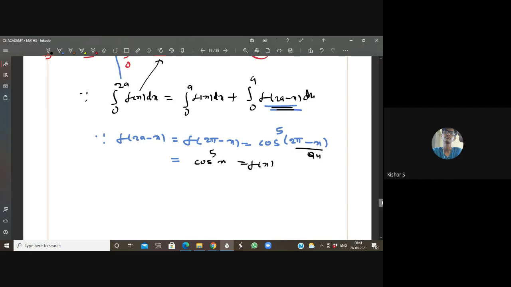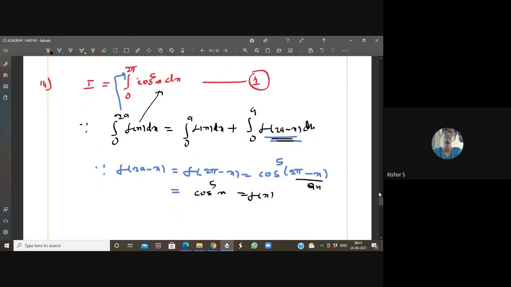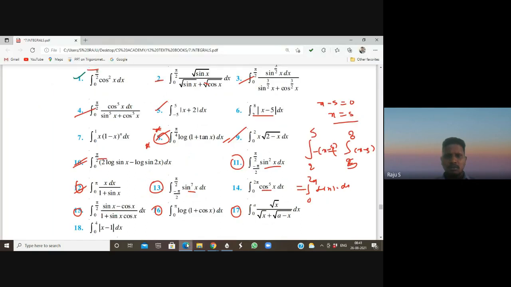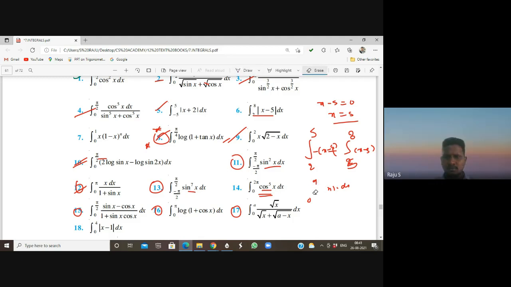How do we know 2 pi minus x belongs to quadrant 4? Because x could be greater than 90, right? Have they mentioned anything like x is greater than 90? No. Have they given any particular domain or interval? They have not given any domain.